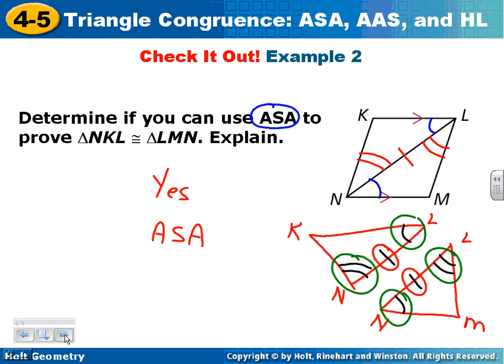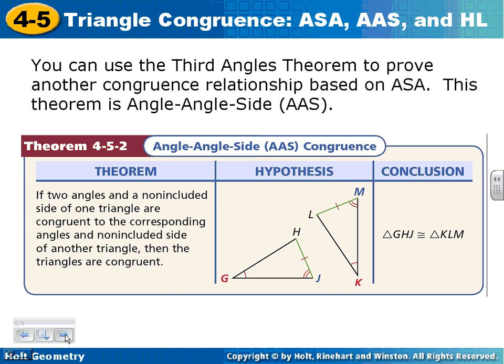The next slide is a different theorem. This time it's AAS. And this one reads, you can use the third angles theorem to prove another congruence relationship based on angle, side, angle. This theorem is the angle, angle, side. So the letter S is not between the two angles.